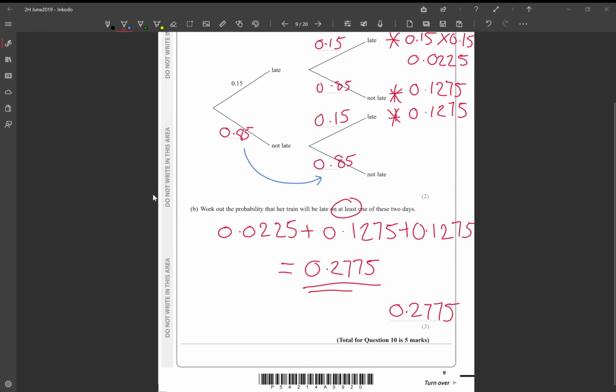So let's just do this quickly as well. 0.85 times 0.85 equals 0.7225. Now what you can do, because you know it's everything but this, is 1 minus 0.7225, and that should give you the same answer.